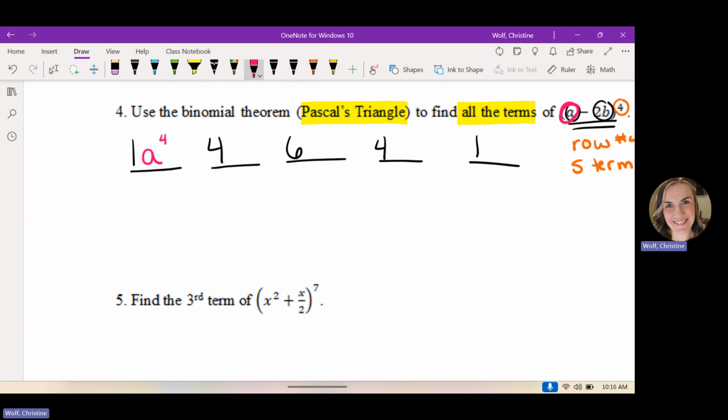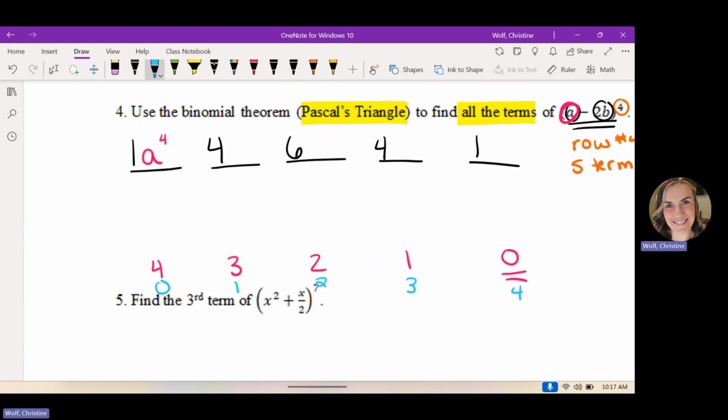The reason I know it's 4 is because my exponents have to decrease all the way down to where A completely disappears. So if I want no A in my last term, or 0, and I work backwards, 1, 2, 3, 4 would be the highest exponent I would start with. And then my B's do the opposite. My B's start with none, and then they increase.